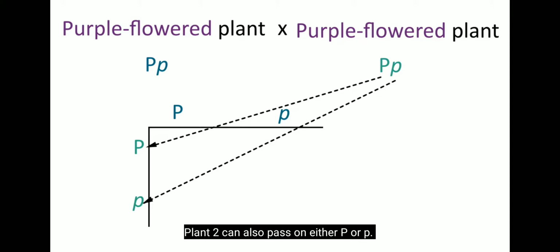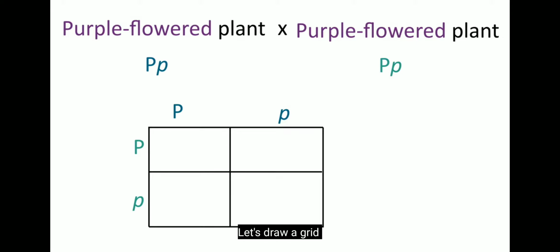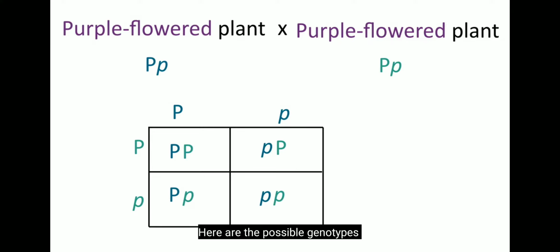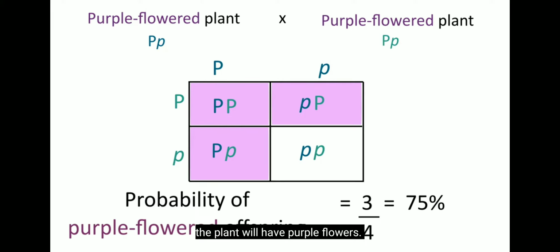Plant 2 can also pass on either capital P or lowercase p. Let's draw a grid to visualize the combinations of alleles in the offspring. Here are the possible genotypes of their offspring. If at least one capital P is present, the plant will have purple flowers.